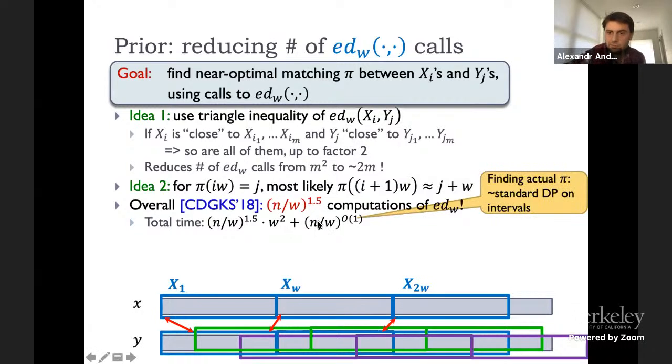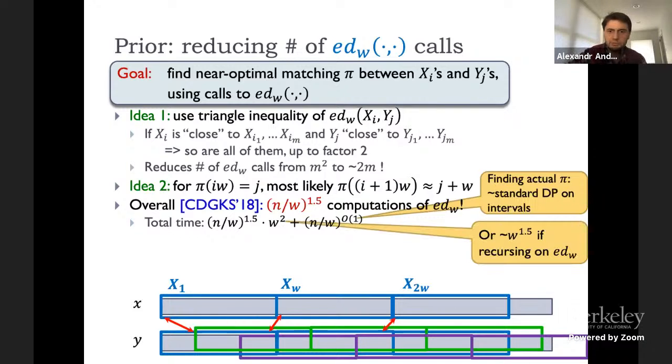Plus we have some time which corresponds to finding the actual pi. But remember that we're considering the multiples of w, so the number of substrings that we're really considering is something like n divided by w. So some modification of standard dynamic programming on edit distance will basically be sufficient. And this constant is really a 2, but I'm just calling it a constant because it doesn't matter too much, since we can take w to be sufficiently close to n, and we get some kind of improvement.